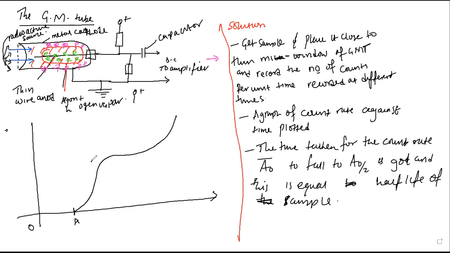So you have here point B, you have here point C, perhaps you have here point D. This is our count rate, and this one is our anode PD or applied PD.